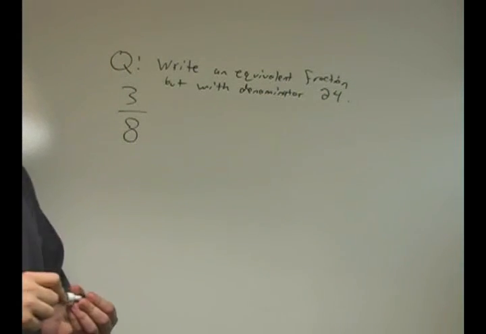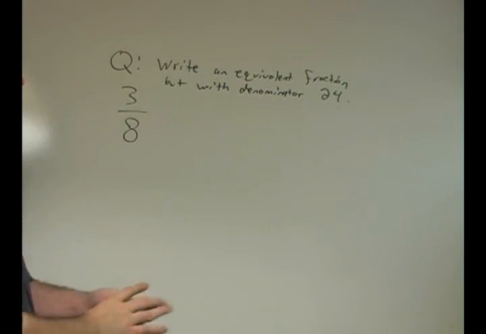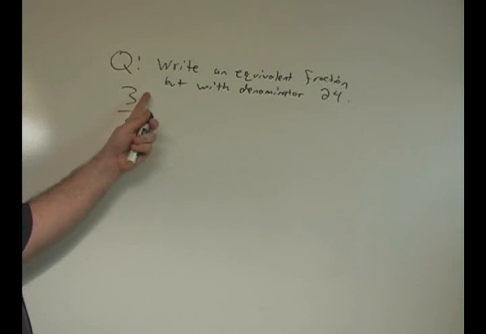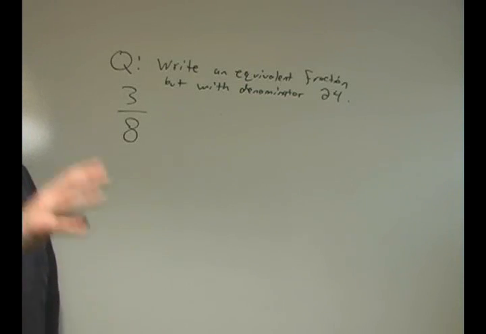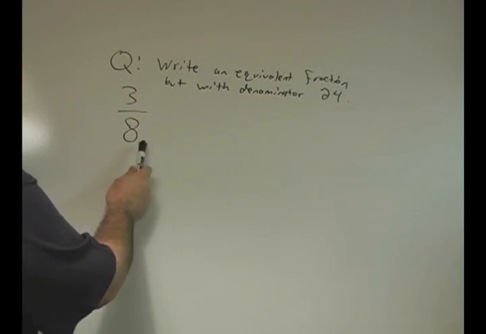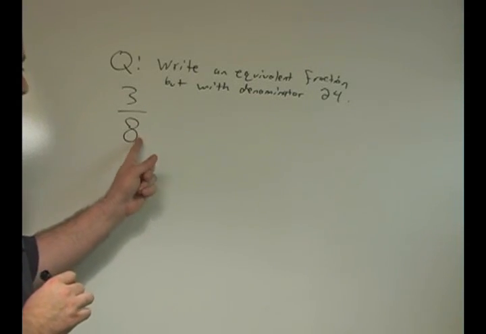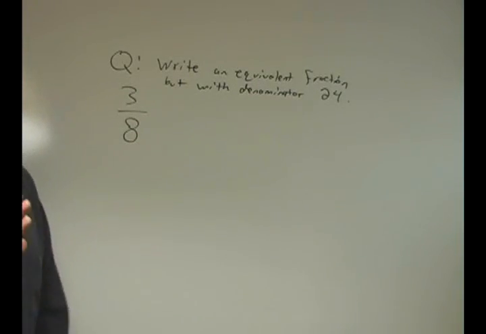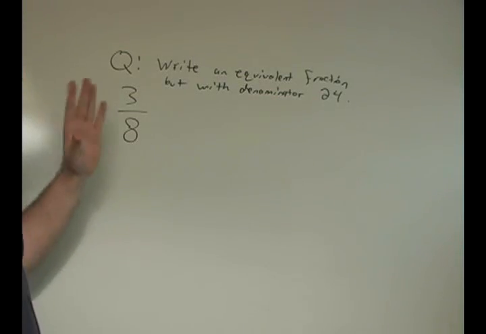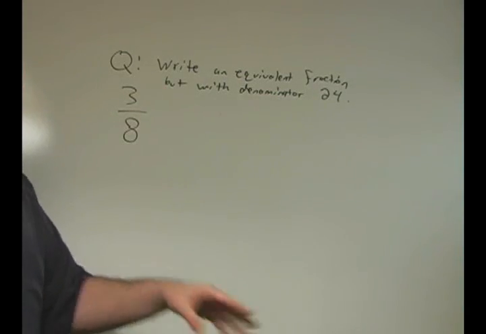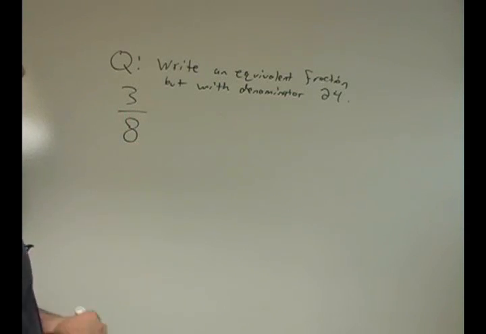Again, remembering the rule that I just talked about, that if you wanted to, you could multiply the top and the bottom of the fraction by the same number, and when you do that, you get a new fraction that looks different but is the same number. So if I wanted the denominator to be 24 instead of 8, I could multiply the denominator by 3. If I multiply the 8 by 3, I will get 24. But remember, in order to get the same fraction when I'm done, I have to do the same thing to the top and to the bottom.